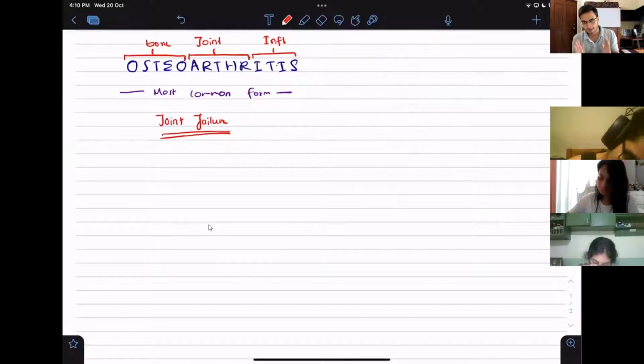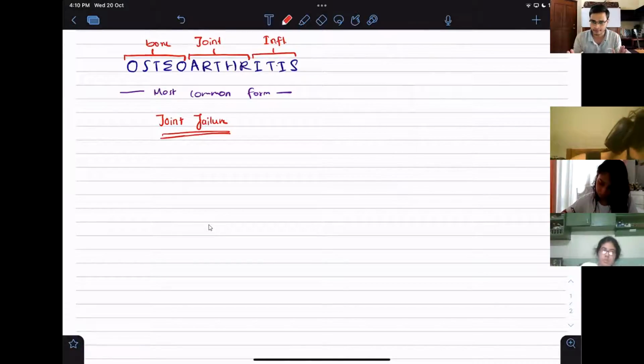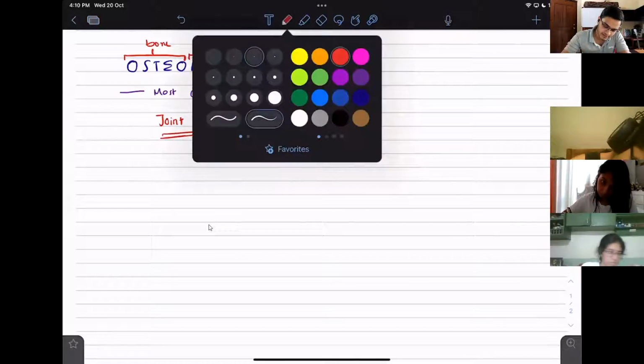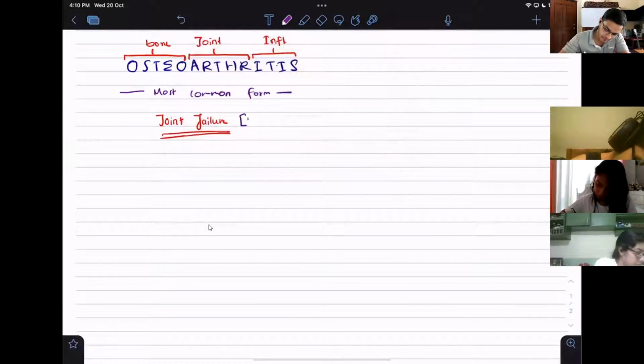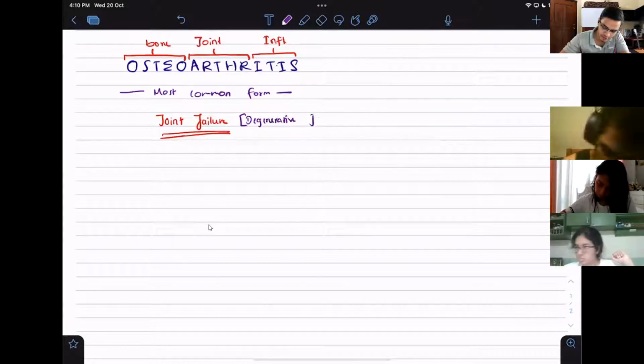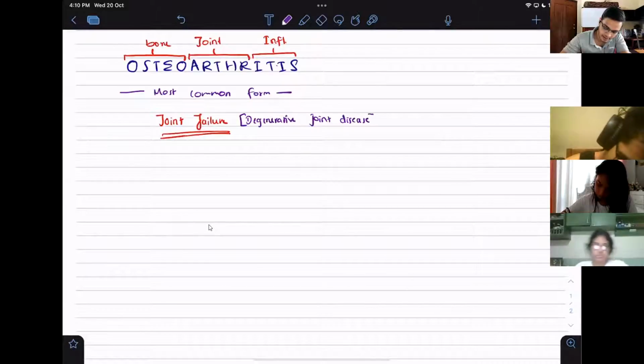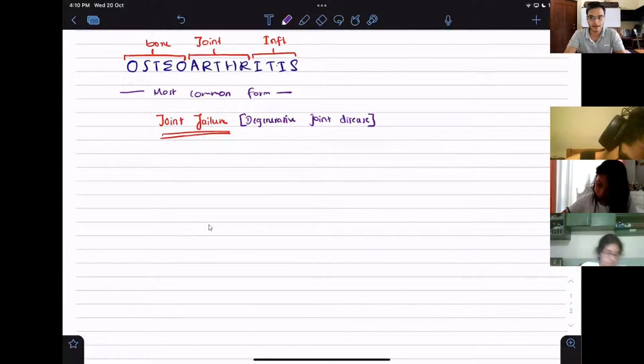Osteoarthritis, joint failure. Because of this, guys, this one is given another name, degenerative joint disease.